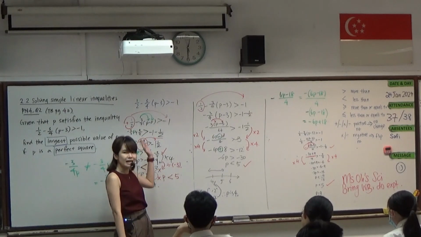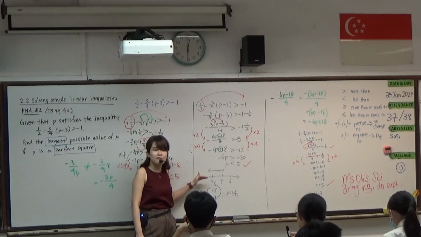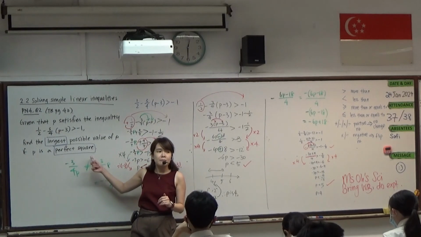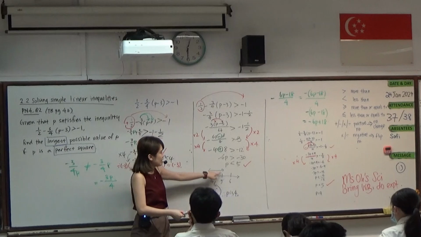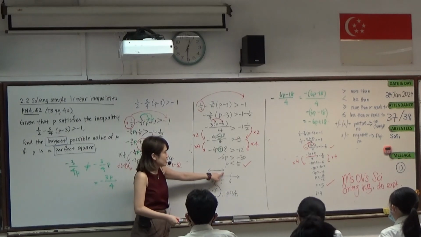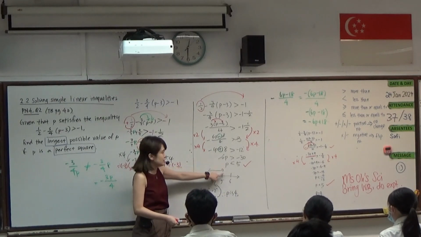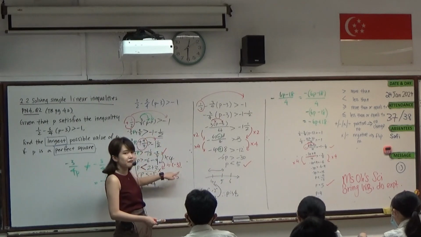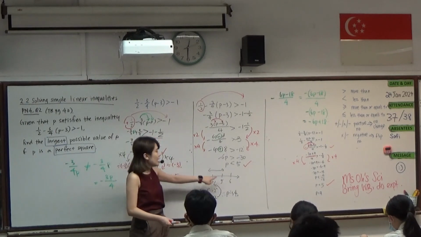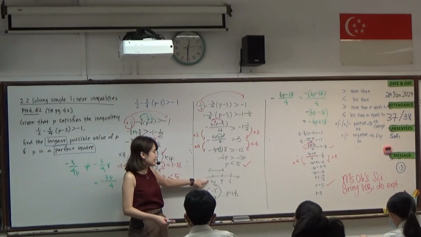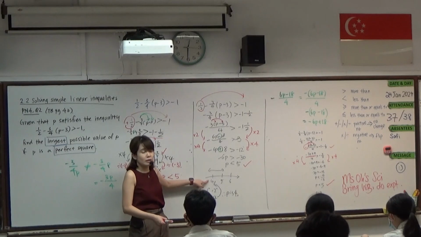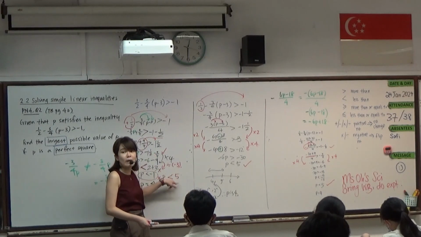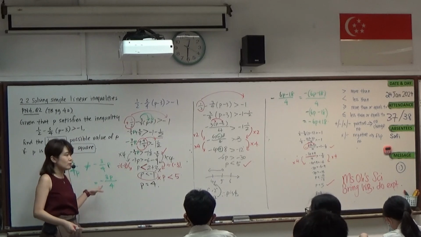Although the question did not ask for it, it is helpful for us to answer the question. Because with the number line, I know that the numbers that satisfy this inequality are everything lesser than 5. The next integer that is lesser than 5 is 4, followed by 3, 2, 1, 0, negative 1, negative 2, and so on.